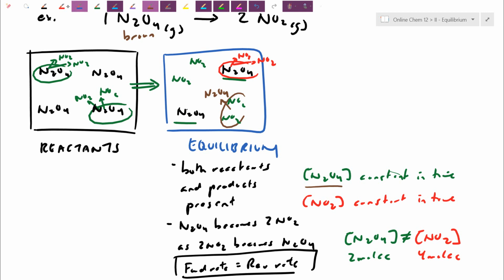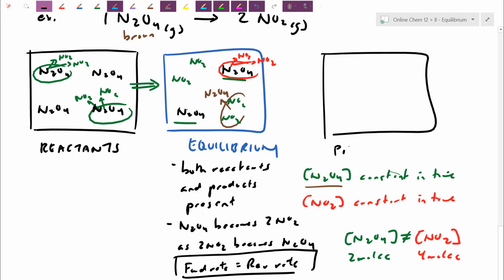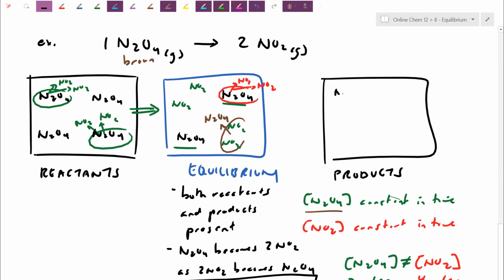We can also reach this situation from products. So let's say instead we started from products. I start from the end and I work backwards. My products are just NO2s. So just fill a container with all NO2s. I don't necessarily care how many, right? So you have NO2s just completely filled. I know I'm not at equilibrium because so far I only have the reverse reaction.